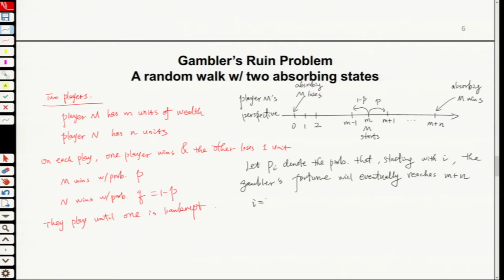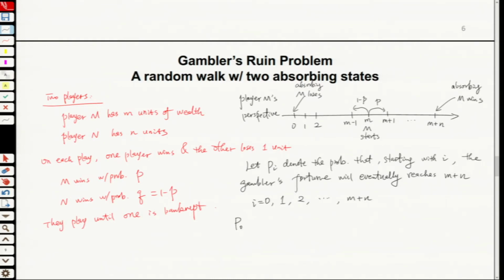So I equals 0, 1, 2, to m plus n. So that's all the money we have, because M has m dollars and N has n dollars. So the total money we have is m plus n. And eventually it reaches m plus n. Okay?